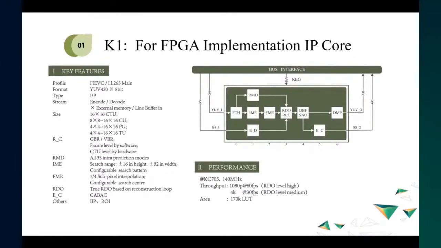So if you want much better RD coding efficiency, when configured to RDO level high, the performance can be 1080 HD at 16 fps. The area is about 170K LUT.